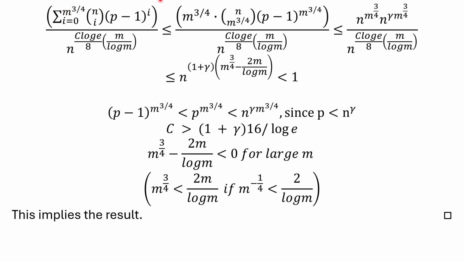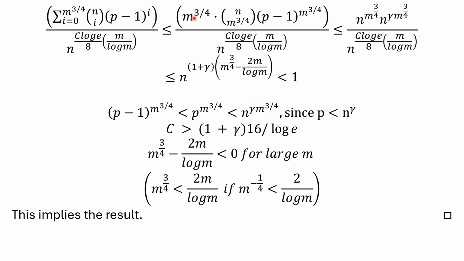The first step is true because here we go over the sum of m to the power of 3 quarters of many terms. We take the largest term, which is when we put i as m to the 3 quarters, we get this right here. We multiply it by how many times we add this sum. Then we know that p minus 1 is less than p, and p is less than n to the power of phi. That's why this step is correct.